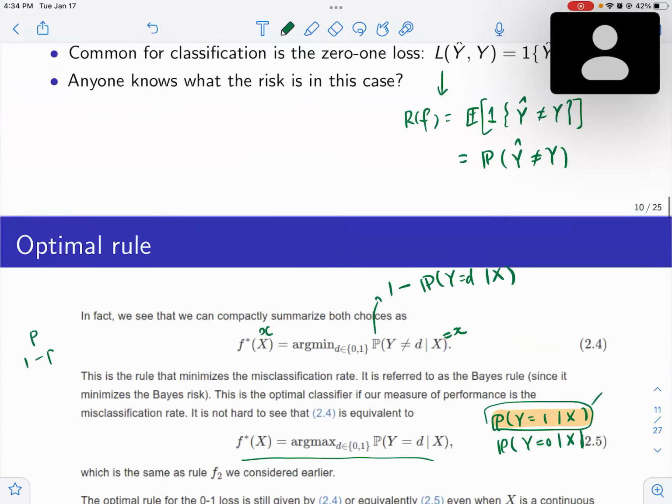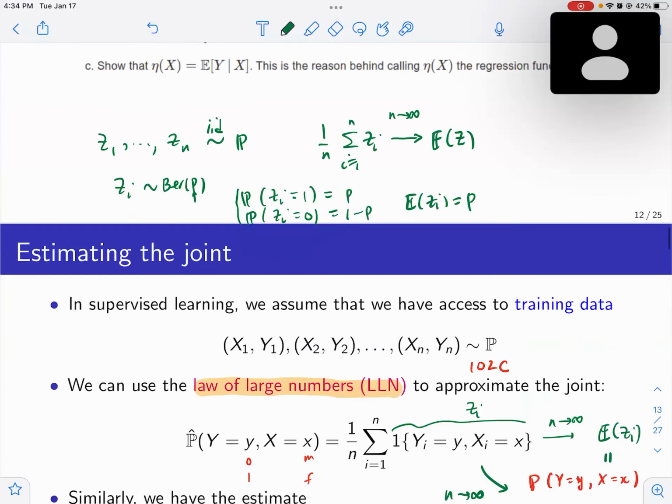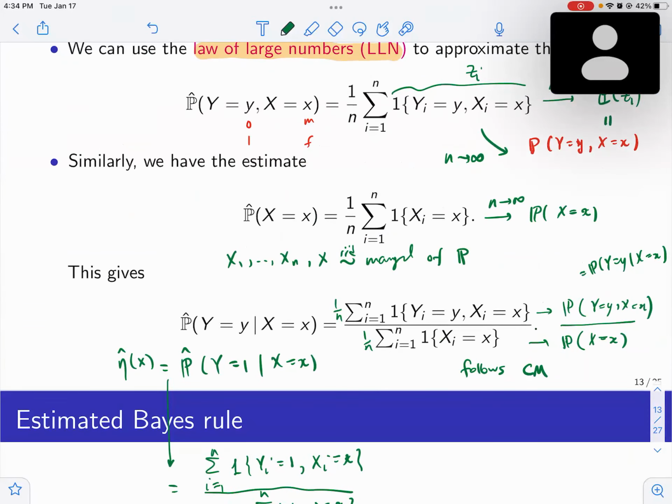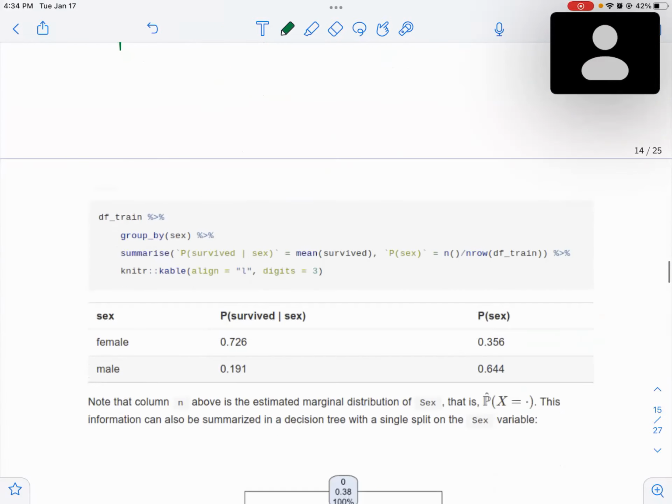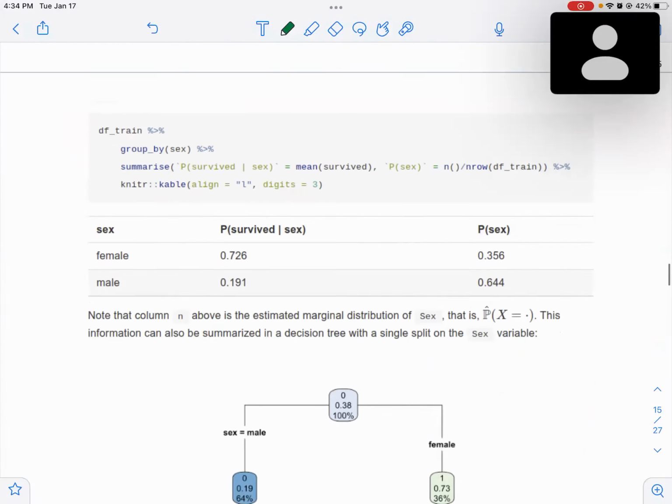But you're going to go there and calculate all these probabilities, and then you have your optimal rule. Good. I guess you can do it. If I give you the data, you can go implement the optimal rule for this. So, questions?